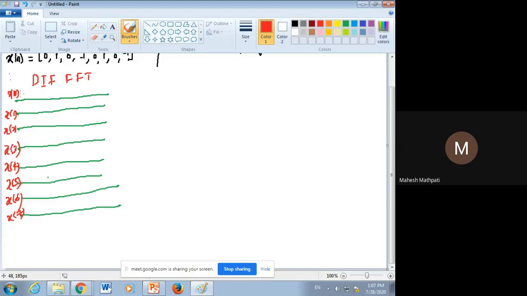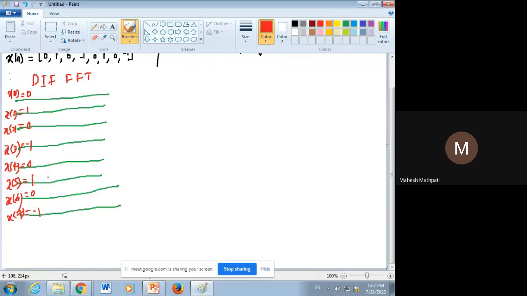If you want, you can note down its values also: 0, 1, 0, -1, 0, 1, 0 and -1.